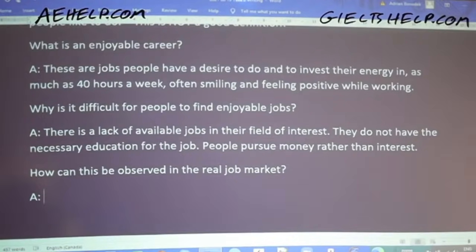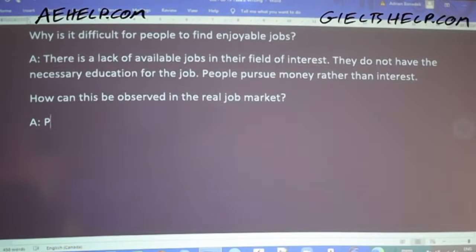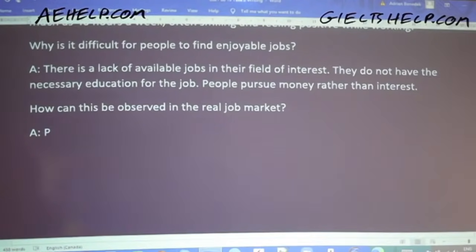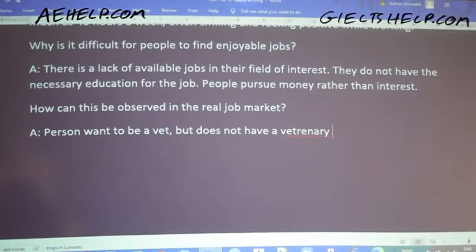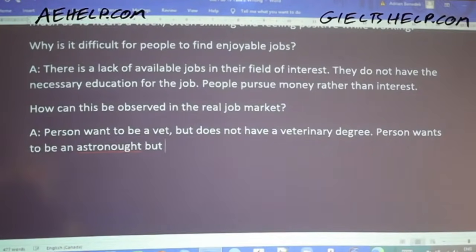And the answers I gave you, those specific examples, that's what you're thinking about here. So, a person wants to be a vet, but does not have a veterinary degree. Okay, so for example, all right, or the other one that I mentioned, a person wants to be an astronaut, but not enough jobs.